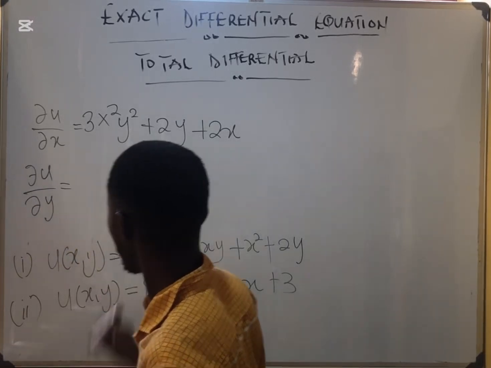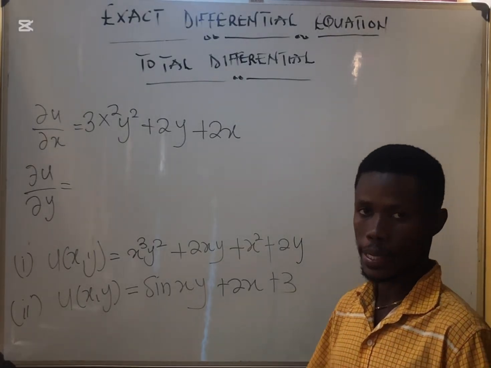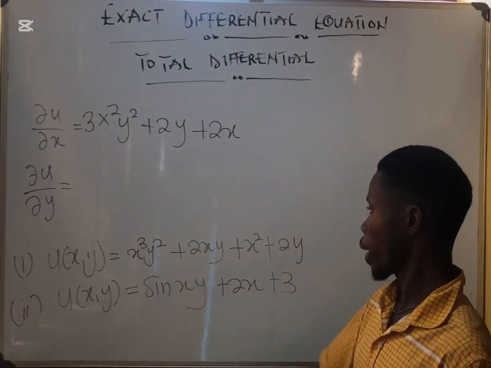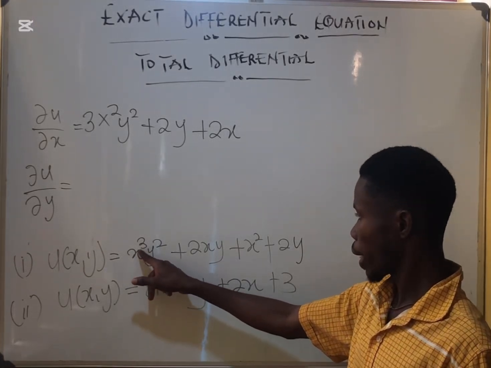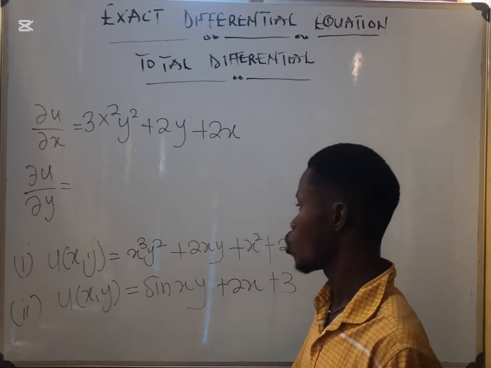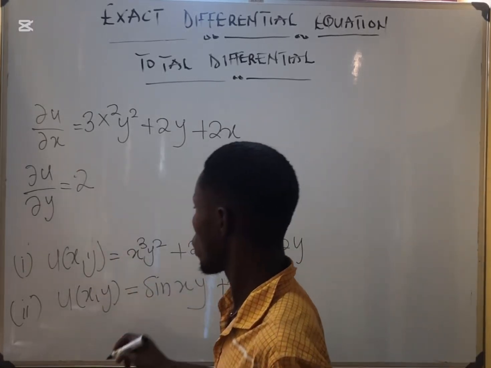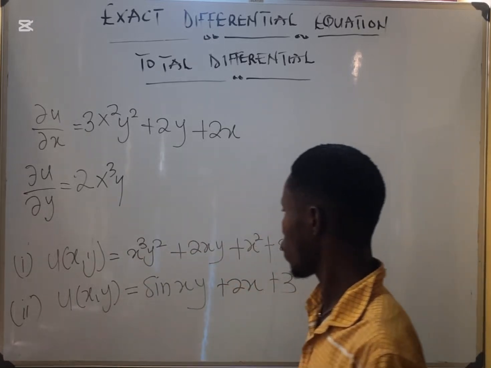Then I'll come and take delta u delta y. So at this point, everything of x goes to constant. So when I come to this place, this x is constant, so you leave it, y squared. If I differentiate y squared, that will give me 2y. So I have 2, but I'll bring my constant first, x cubed, y.